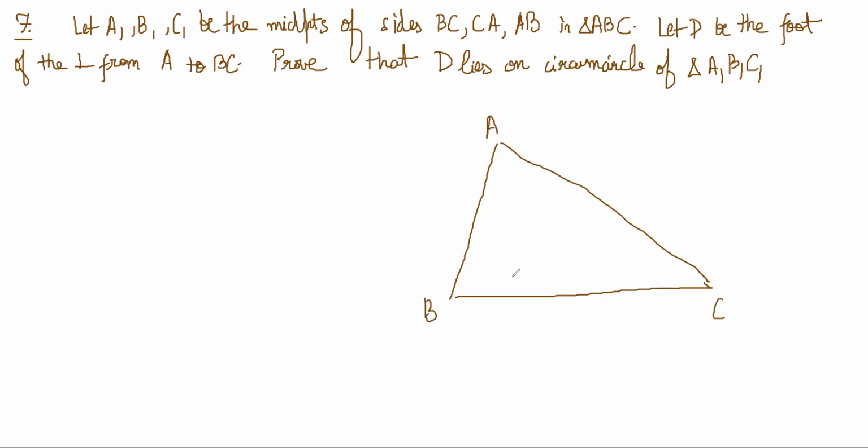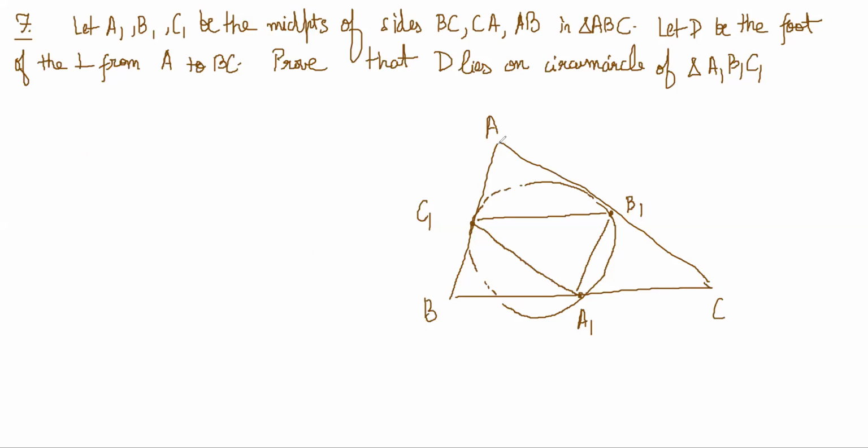A, B, C. Midpoint here, A1. Midpoint here, B1. Midpoint here, C1. There's some slight problem with the figure. So, the circumcircle of this triangle, something like this it will be.